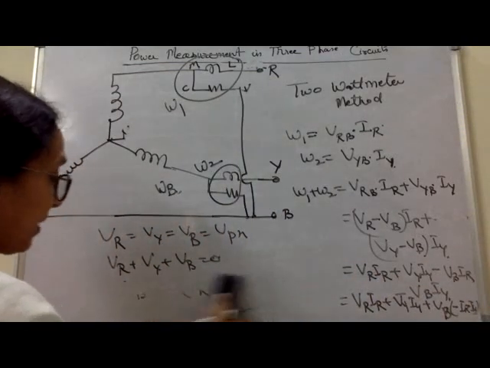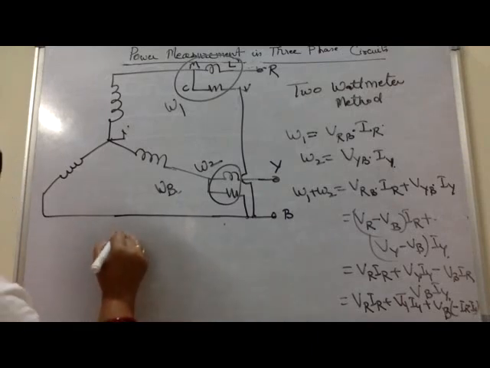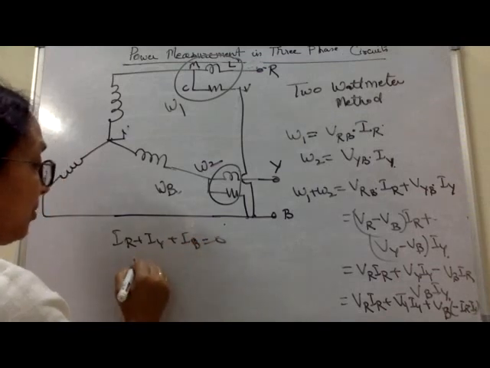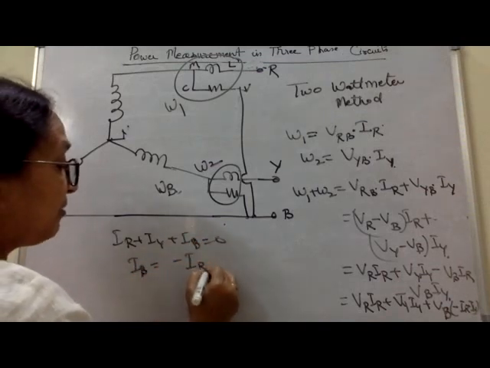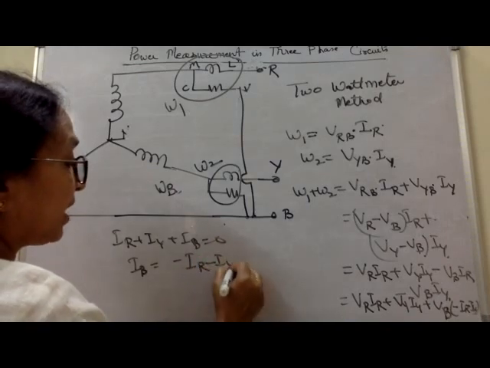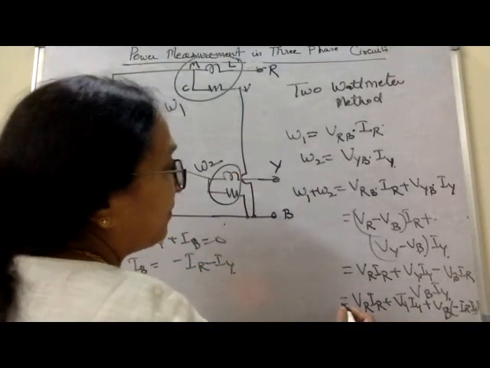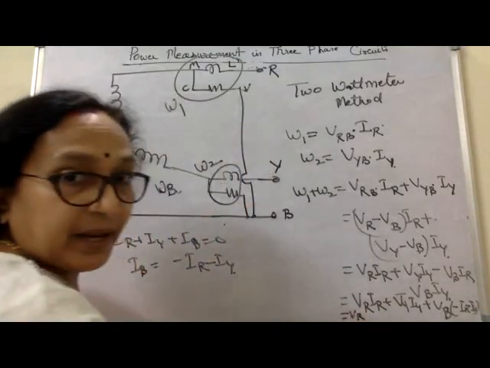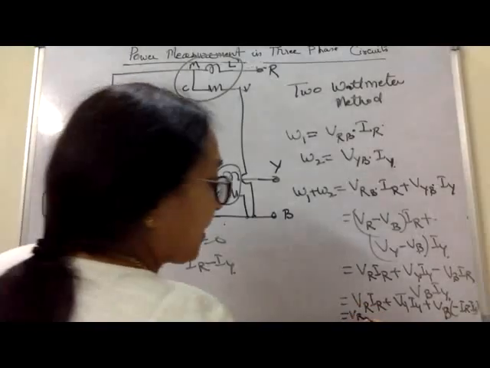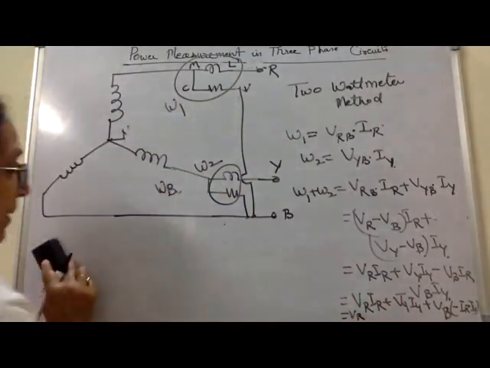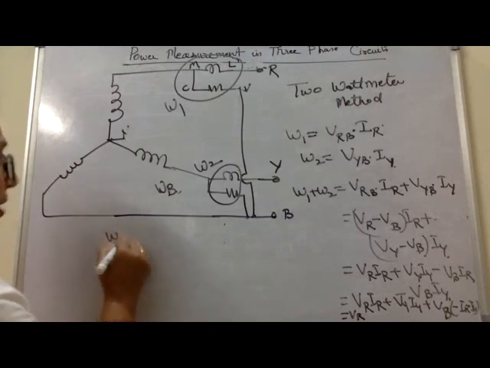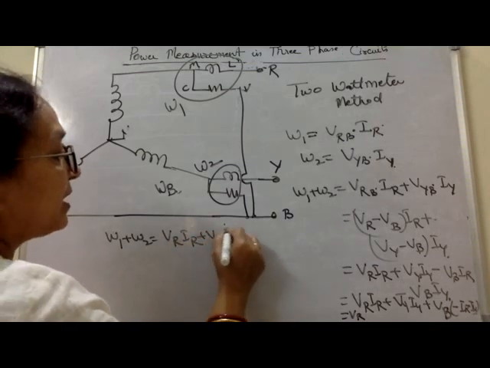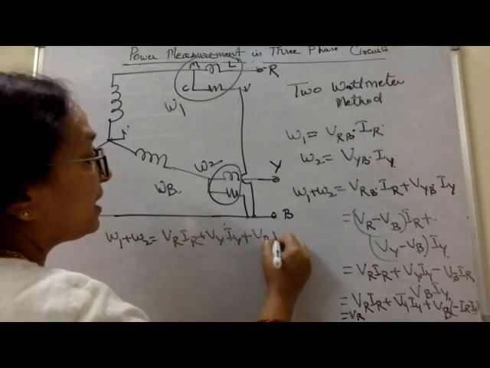Similarly for the currents, the sum of the three currents is equal to 0. So IB is equal to minus of IR and minus IY. If you substitute this here, you will get W1 plus W2 is equal to VR IR plus VY IY plus VB IB.